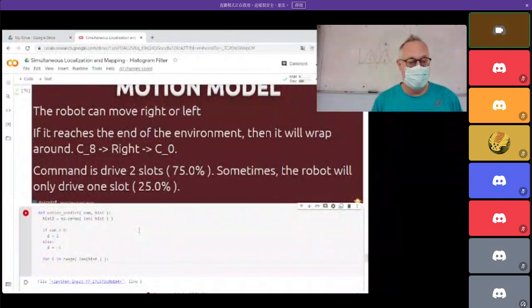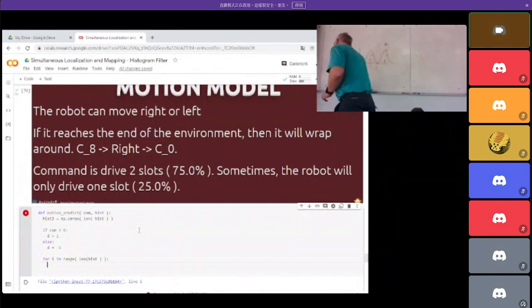So for each cell, each current element in my distribution will contribute to two other cells.